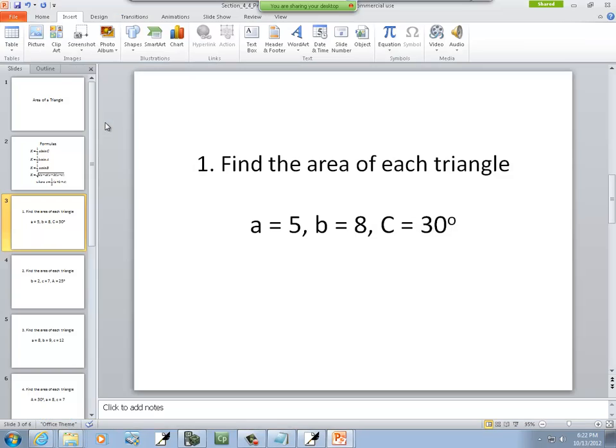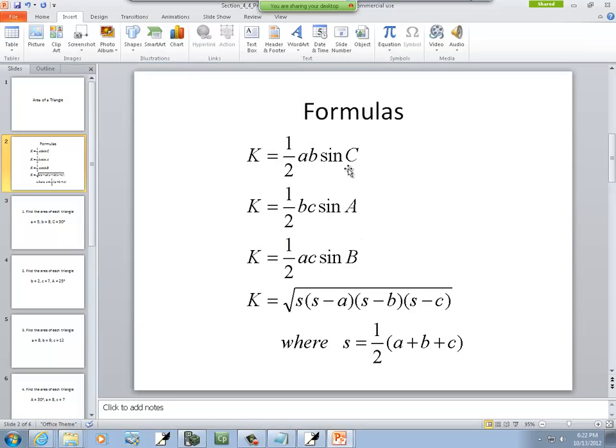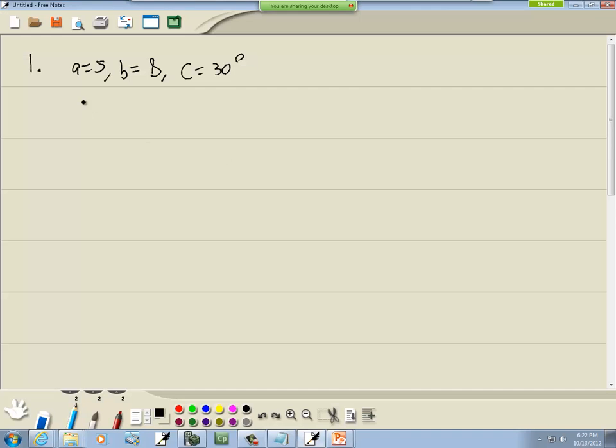So if I come over to our formulas, I'm looking for something with side A and B and angle C, which is the first one. So K is equal to 1/2 AB times sine angle C. So our area would be 1/2 times 5 times 8 times sine of 30 degrees.